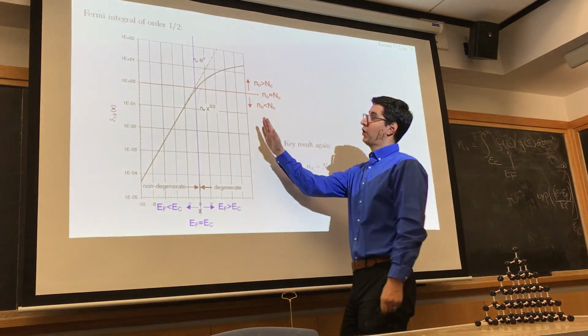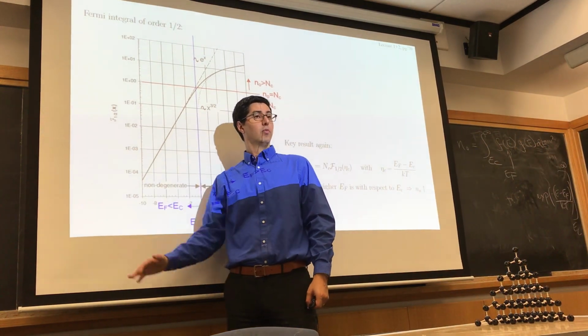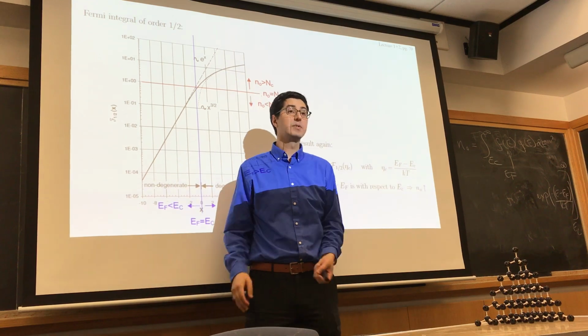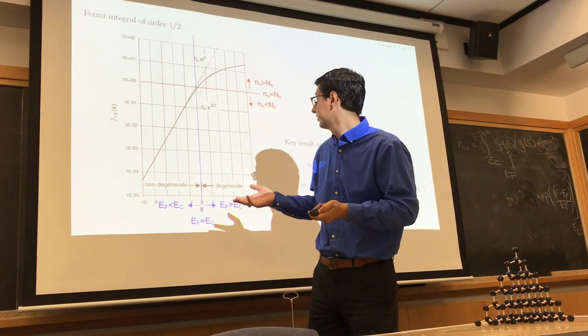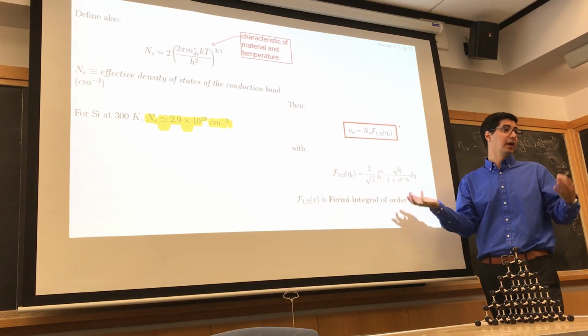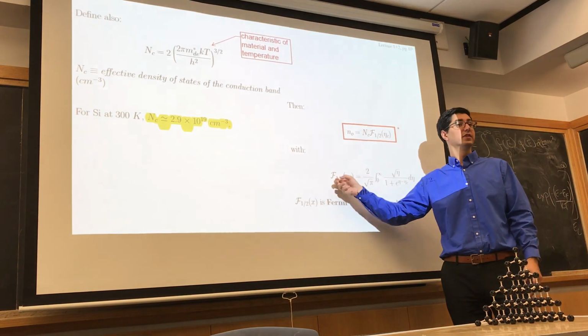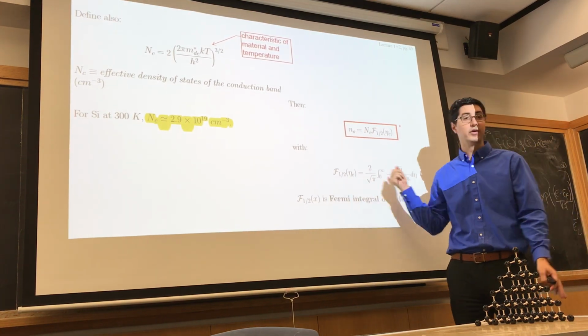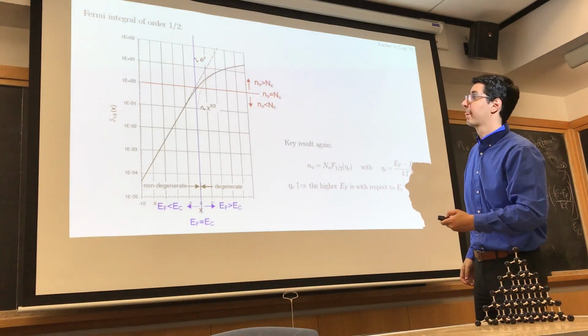But really, we're going to focus in the Maxwell-Boltzmann regime, because that's where we can get analytical expressions. Otherwise, we have to leave everything in this form. And if I were to ask you what the dependence is, it gets all convoluted.